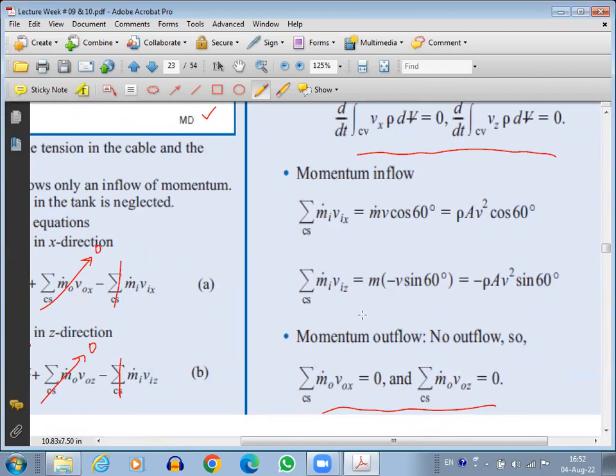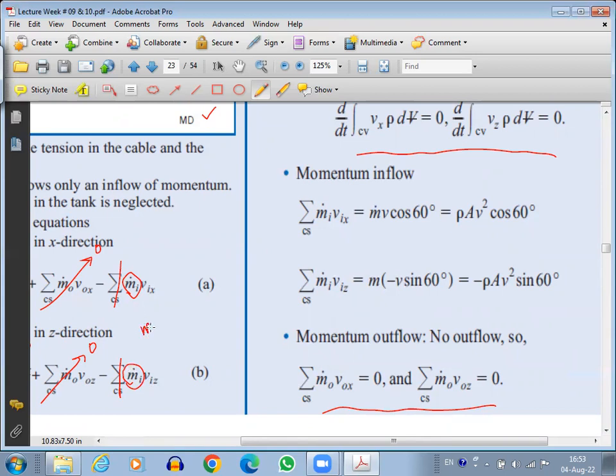Once again, when we are using m dot i, we just need the magnitude of velocity. We don't care what the direction of the velocity is here.